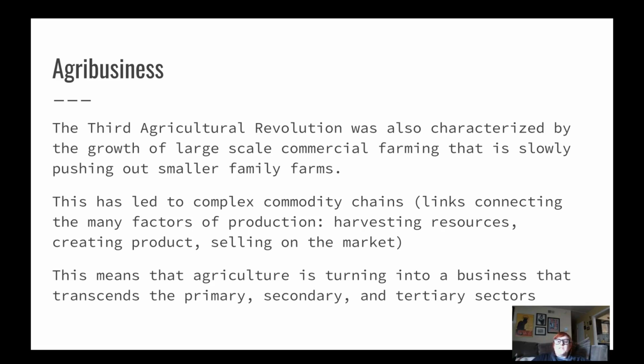We've also developed these complex commodity chains, right? And commodity, I know that's been a vocab word for you guys before, so you know what that means. If you don't, refresh yourself. But basically it means that most of these farmers in the commercial agriculture business are not just growing crops anymore, right?